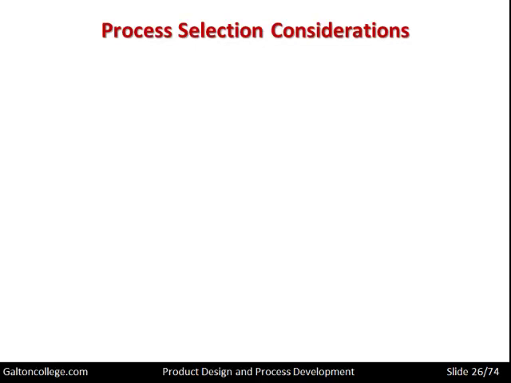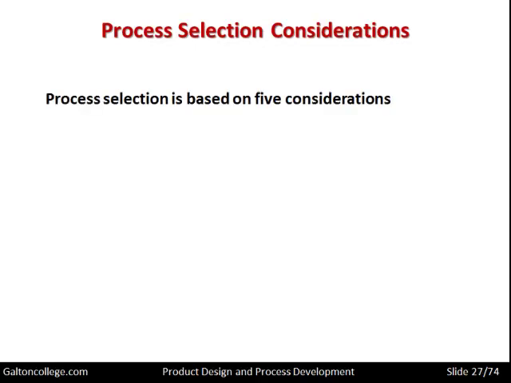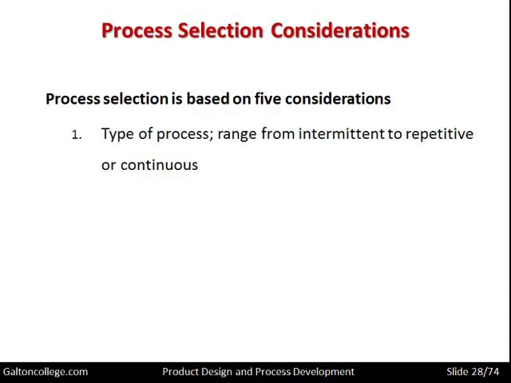Now, process selection considerations. Well, process selection is based on 5 considerations. The type of process ranges from intermittent to repetitive or continuous. So it's the type of process that's the first consideration when thinking about process selection. What's the type of process that's under consideration? What's the degree of vertical integration? Now, vertical integration in this sense means what's the relationship between, say, raw materials and the acquisition of raw materials and production?